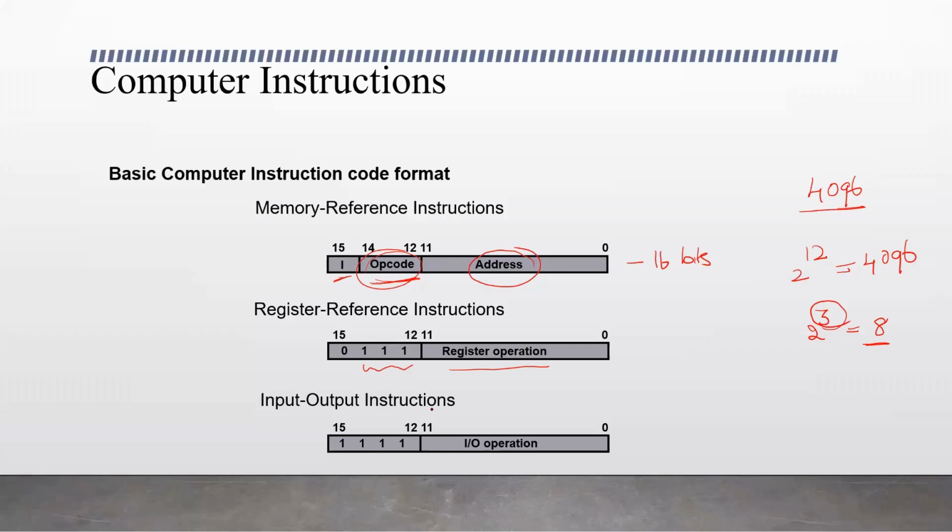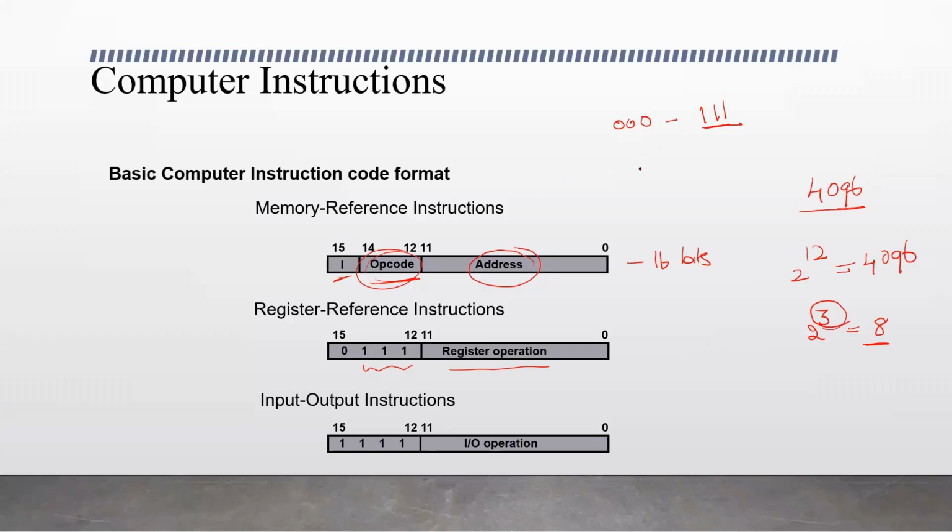To identify these instructions, the formats are differentiated like this. Here opcode is 3 bits. The 3 bits start from 000 to 111, meaning 8 different operations. So it is 111, correct? But this 111 denotes the register reference or input output instructions.